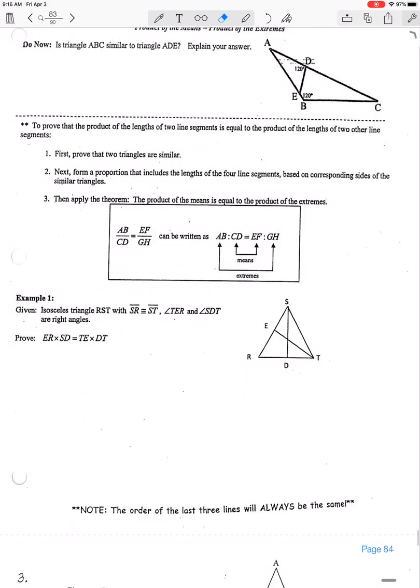Step 1, we're going to prove triangles similar, which we already know how to do using angle-angle. Then we're going to write our proportion. And then we're going to do product of the means equals product of the extremes.